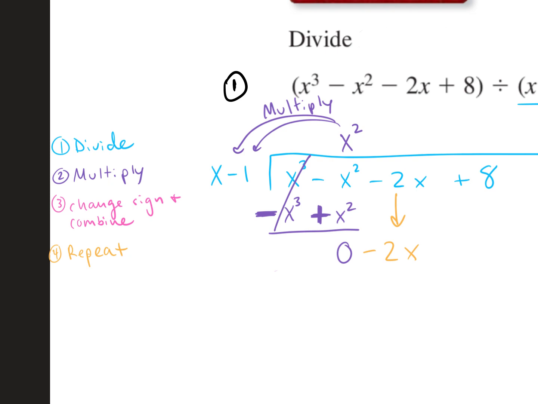So we're going to do it again. I have negative 2x divided by just the first term there, so divided by x. What's negative 2x divided by x? Negative 2. Since it's a constant, I'm going to write it on top of my constant there.